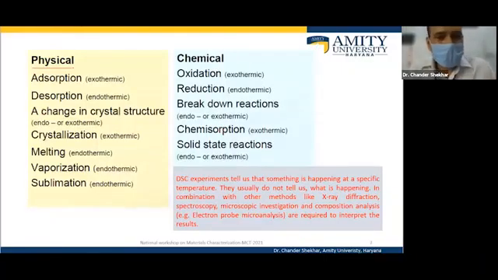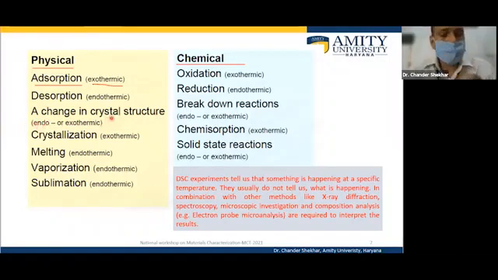So the various types of physical and chemical processes that can be looked at by DSC are absorption, which is an exothermic process, and desorption, the opposite of absorption, which is an endothermic process. If there is a phase transformation, a change in the crystal structure, which is basically a solid to solid transformation, it could be endothermic as well as exothermic.